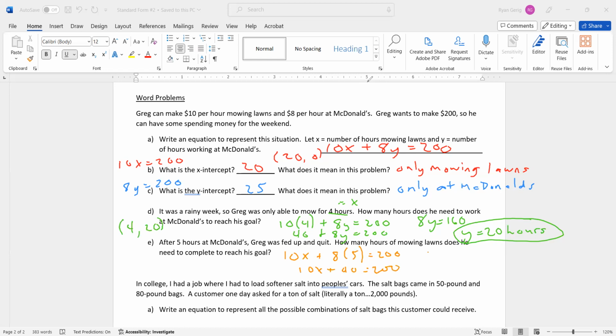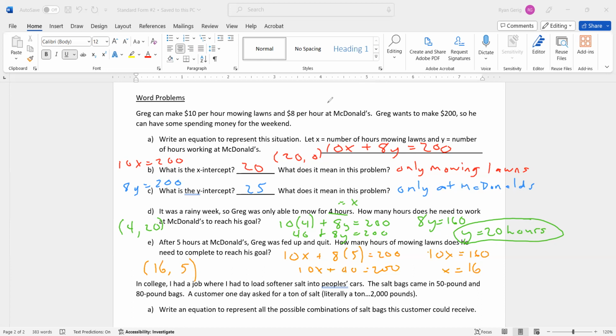Subtract 40. He needs to make $160 mowing lawns. Divide by 10. He would have to mow lawns for 16 hours. So that would be the point where X is 16, Y is 5. That point as well would be on the line created by this equation.